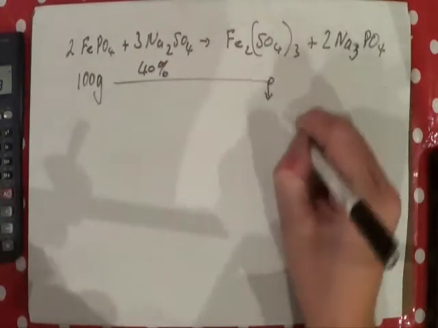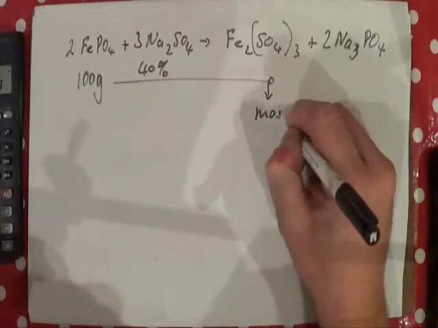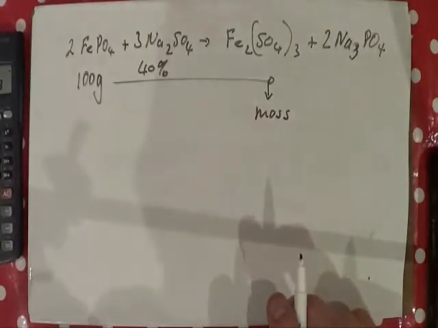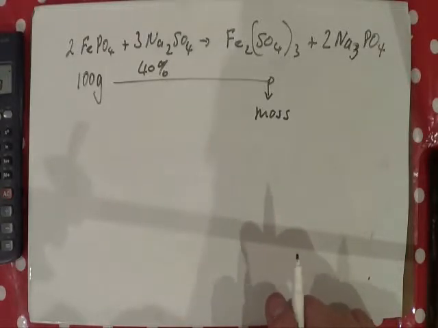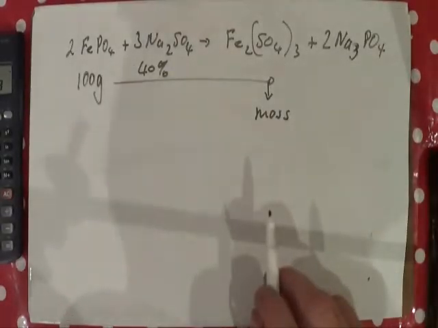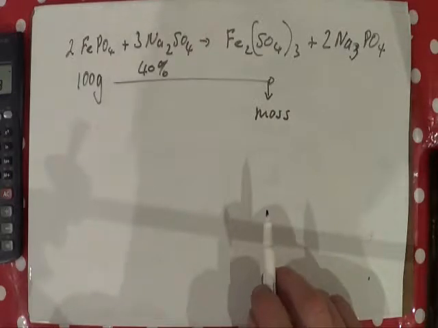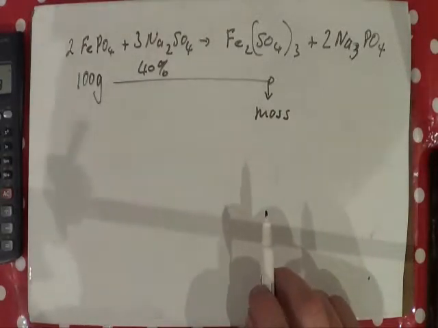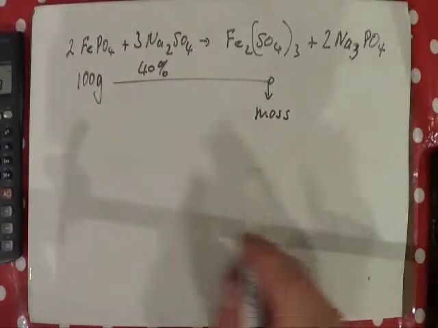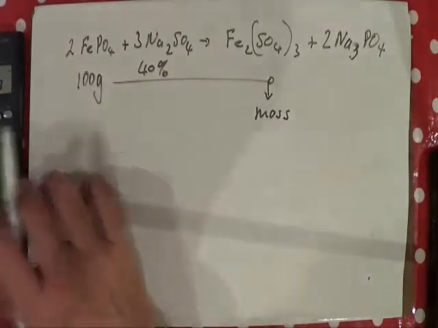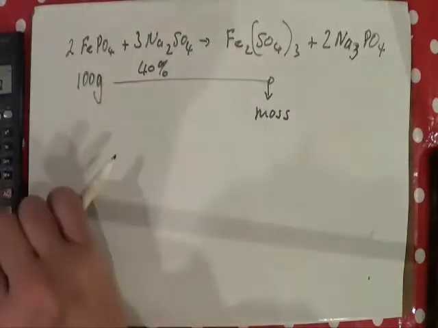We're going to work out what mass of the iron sulfate we actually produce, as opposed to the other one, which was sodium phosphate. So we've got 100 grams of this, and we need to work out the number of moles of this that we've got.